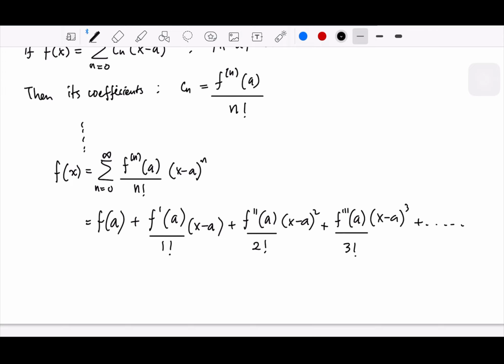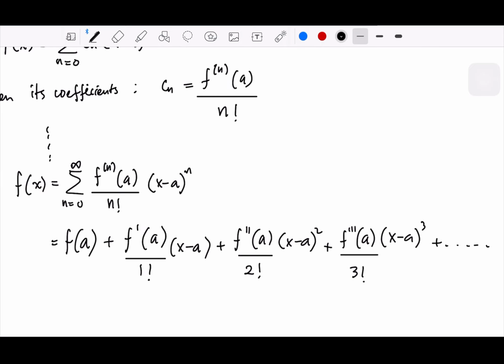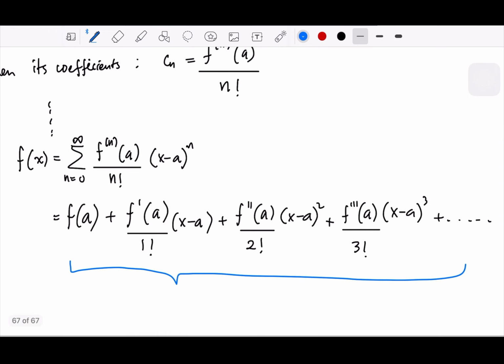Now, what this section is about, this is called the Taylor series.